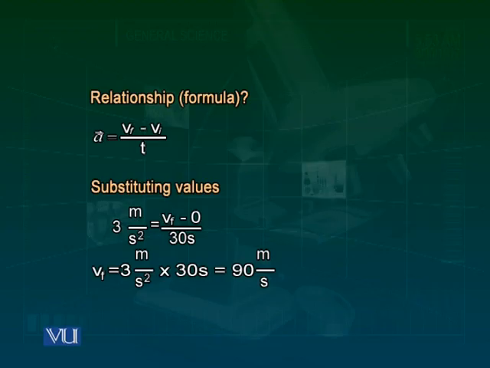So A is replaced by 3 meters per second squared, final velocity VF is what we require, initial velocity VI is replaced by 0, and time, of course, is 30 seconds. So we get 3 equals VF divided by 30. Rearranging, we find that the final velocity is 3 multiplied by 30, which is 90 meters per second.